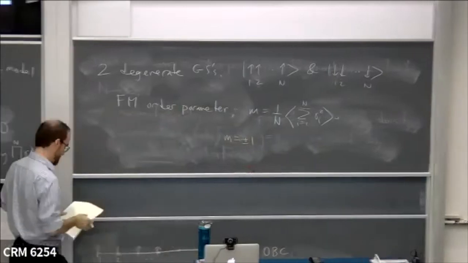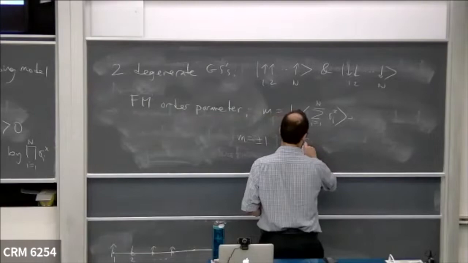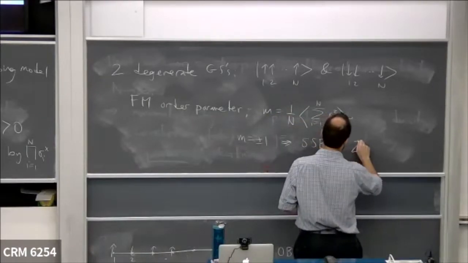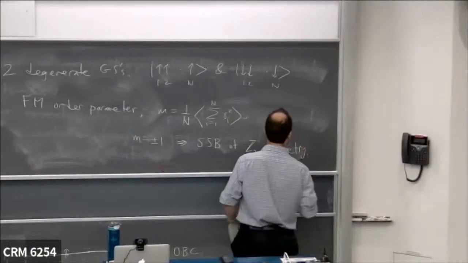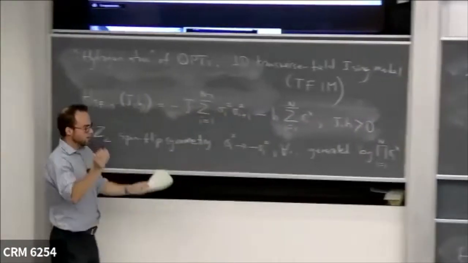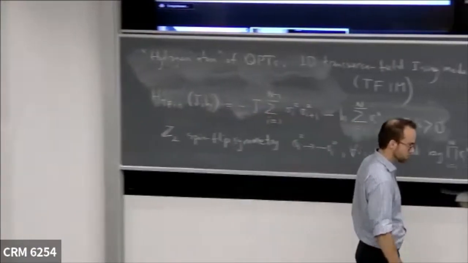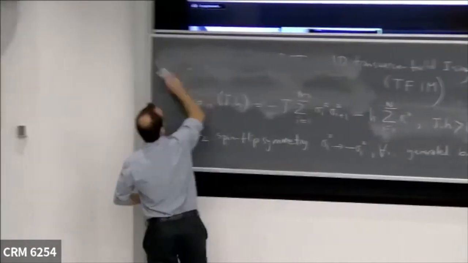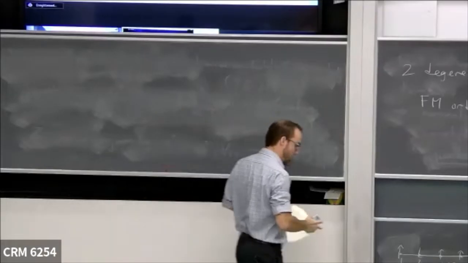In these ground states it's 1 or minus 1, and since they're degenerate, if we turn on a small symmetry breaking field, we'll have a spontaneous breaking of this Z2 spin flip symmetry. If I had chosen the J coupling to be negative, for example, then we would have antiferromagnetic order, but again we'd have two degenerate ground states, and we would look at the staggered magnetization as the order parameter. Okay, so this is very well.